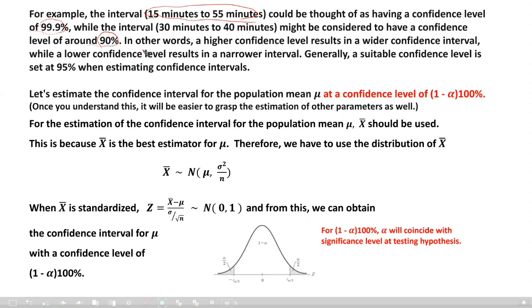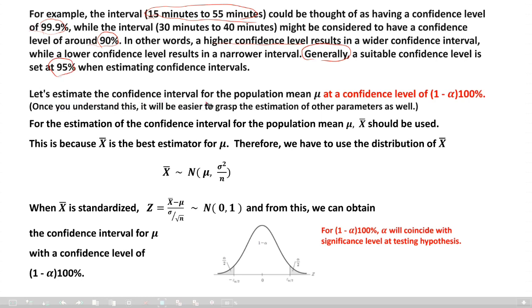Get it? In other words, a higher confidence level results in a wider confidence interval, while a lower confidence level results in a narrower interval, right? So generally, we take the confidence level as 95% when estimating confidence intervals.